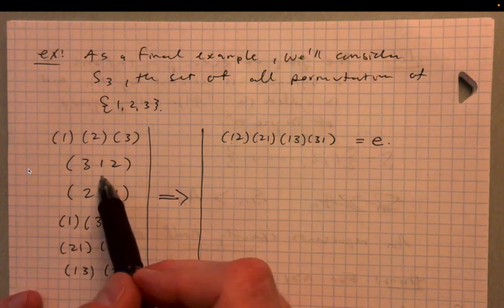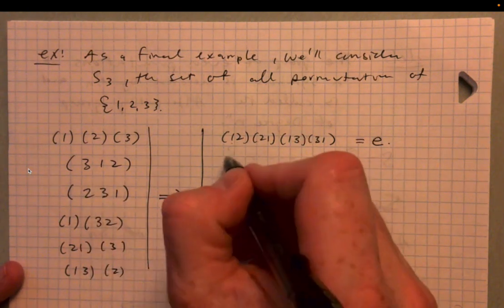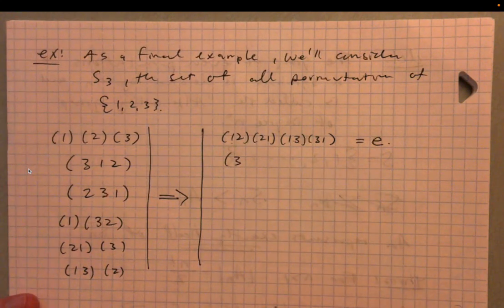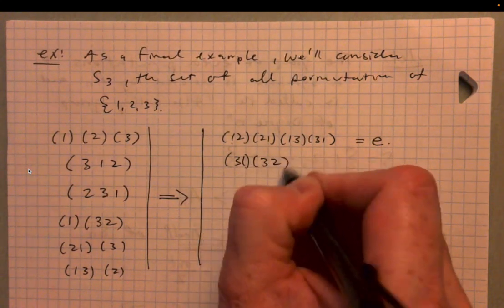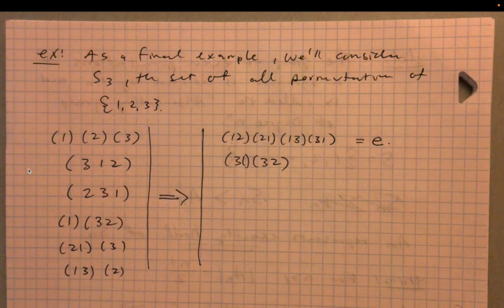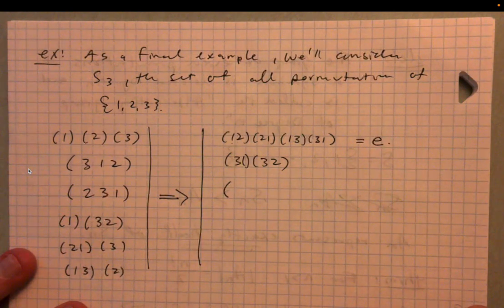Now for this one, we could say (3 2)(3 1). And for this one, we can write (2 1)(2 3).